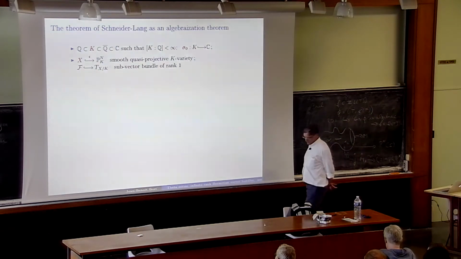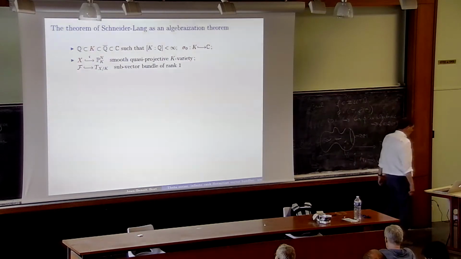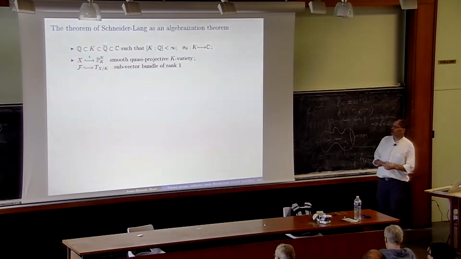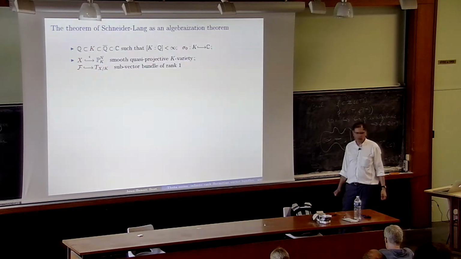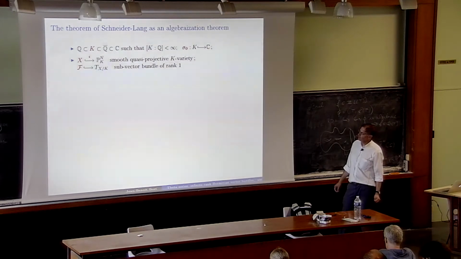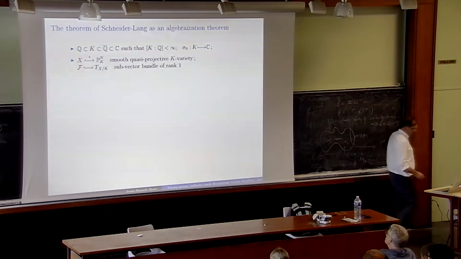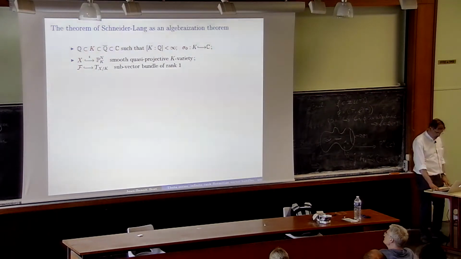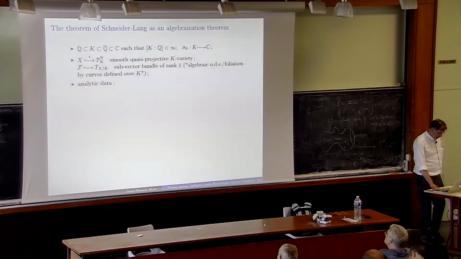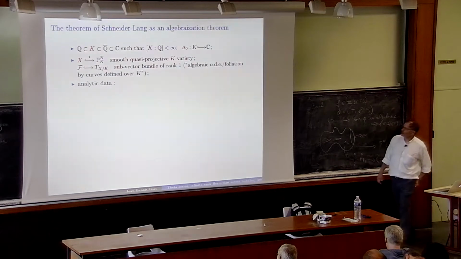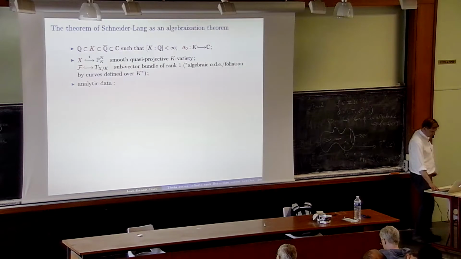And let me assume that I am given, let's say, some ordinary differential equation. So geometrically, it corresponds to a subvector bundle F of rank 1 of the tangent space of X. So X and F are algebraic and defined over K. Okay, let me also assume that the following analytic data is given.